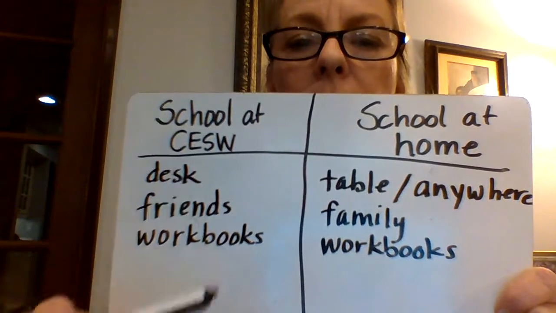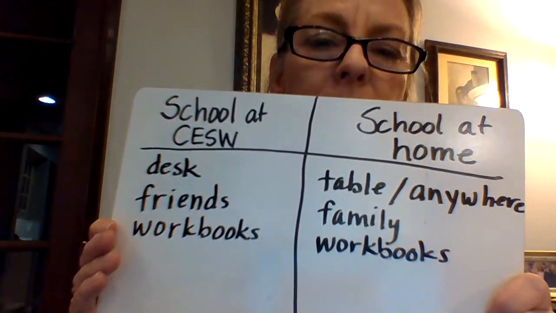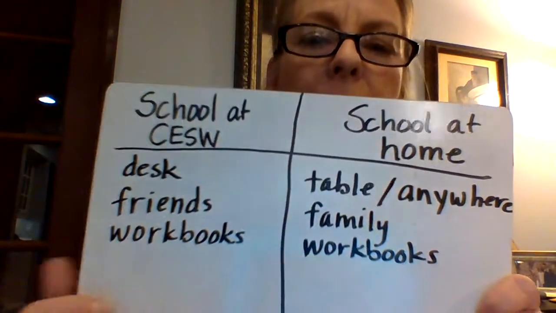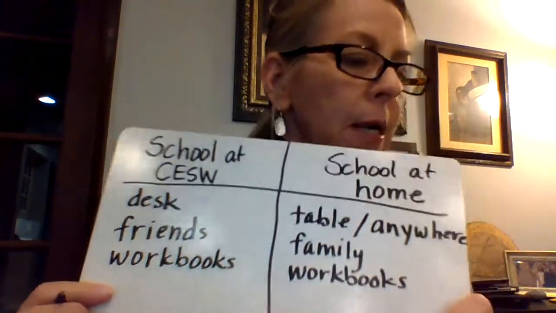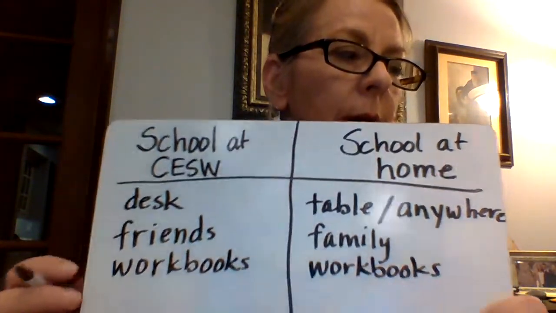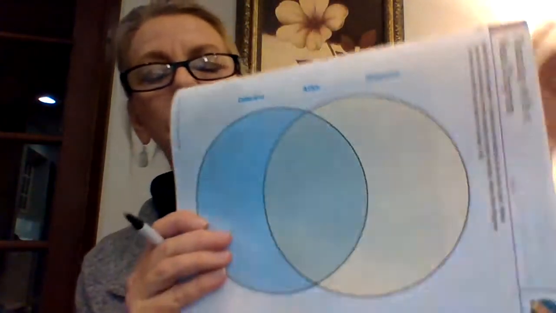Okay, so we're going to look for our comparisons and our contrasts. Okay, so make as long of a list as you can think of, and then do like what we did on page 293, circle and draw a line to it. Okay, so after you do your T-chart, then just like Grace did on page 295, you're going to make your Venn diagram.